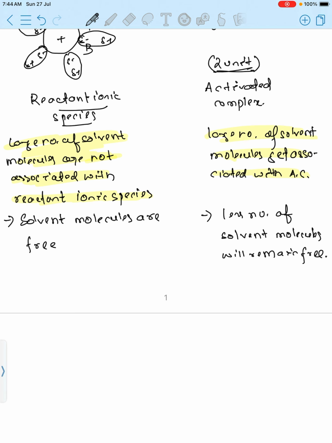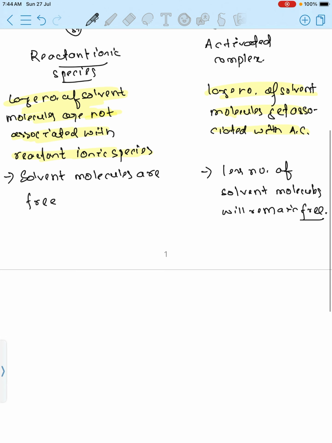That means the motion is free. The solvent molecules can move in any possible, random direction, because they are not associated with any ions. Their motion is not restricted. During their motion, no one is creating an obstacle. In that sense, I am talking about free.